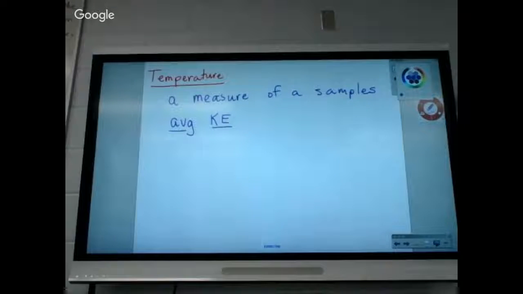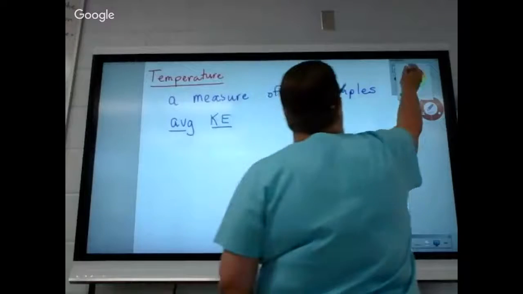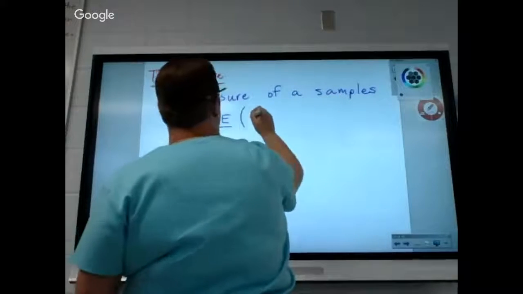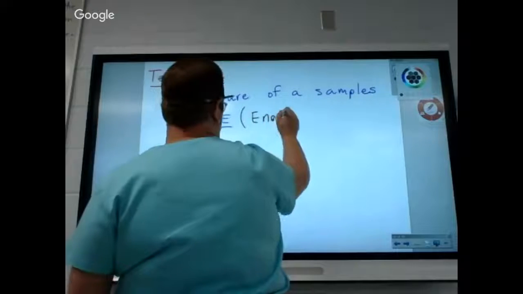Now, if we're talking about average kinetic energy, even if you had a really crappy experience in middle school, everybody can usually tell me what kinetic energy is. What is kinetic energy? Everybody remembers that this is energy of motion.